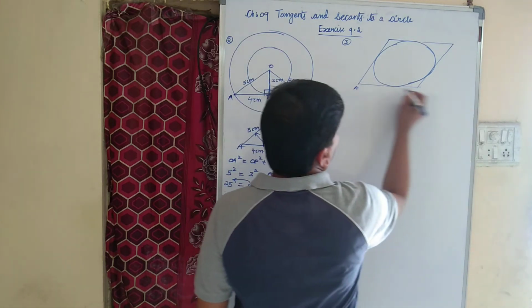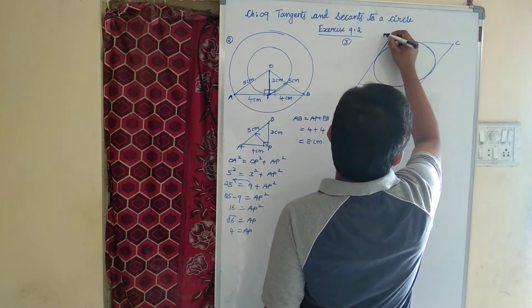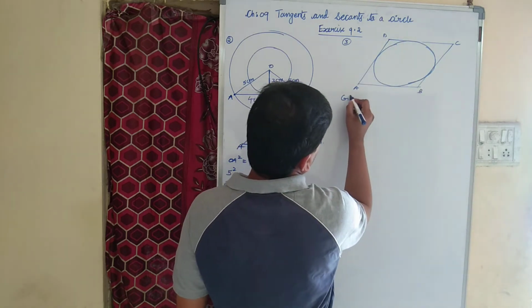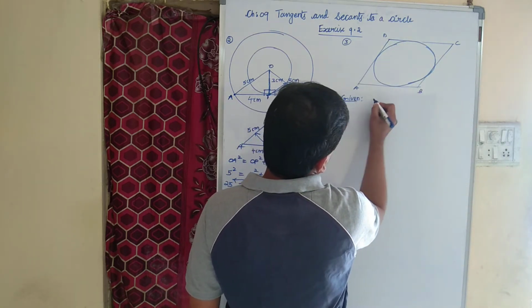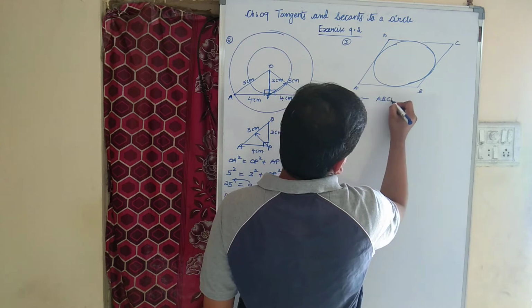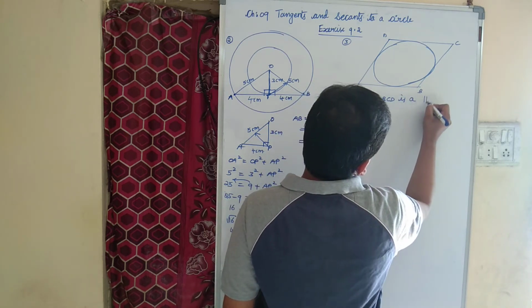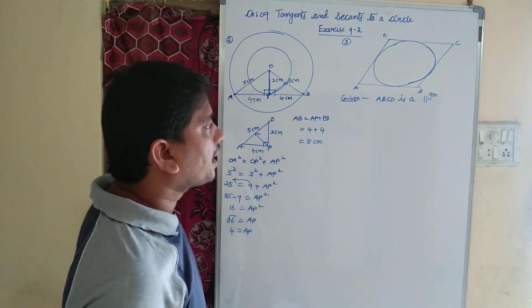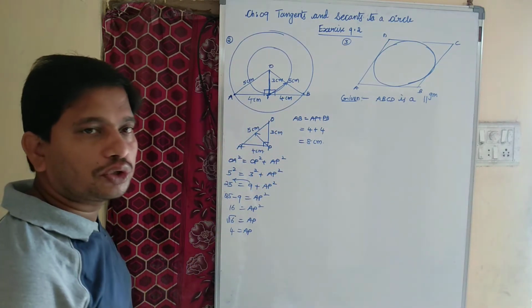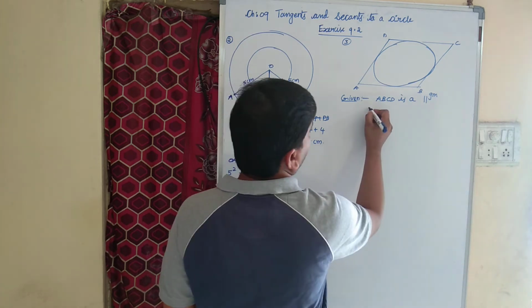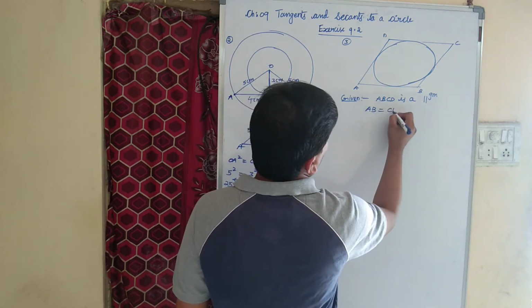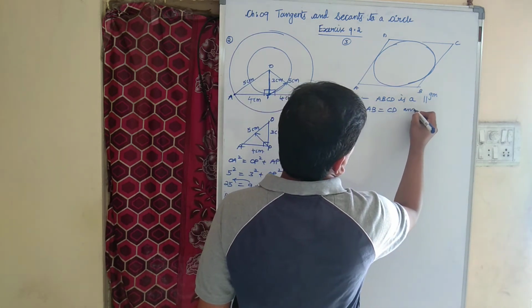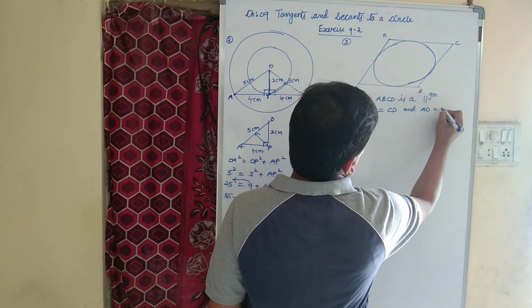Okay. ABCD is a parallelogram. What is the property of a parallelogram? In which opposite sides are parallel as well as equal. AB equals CD and AD equals BC.